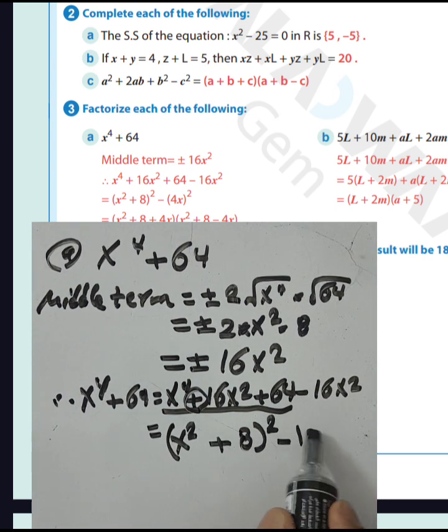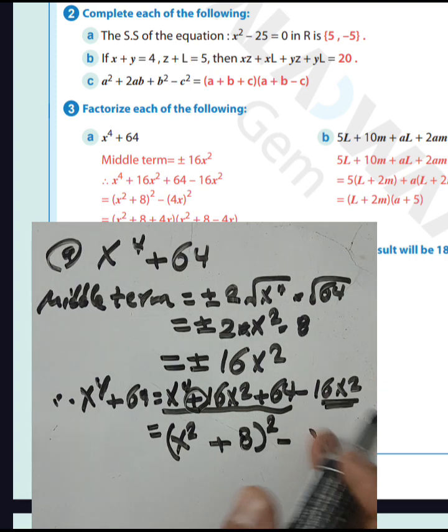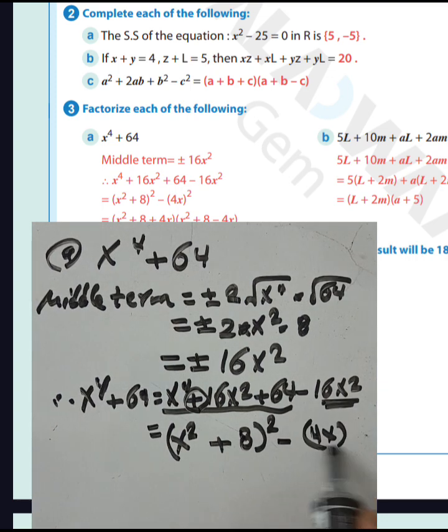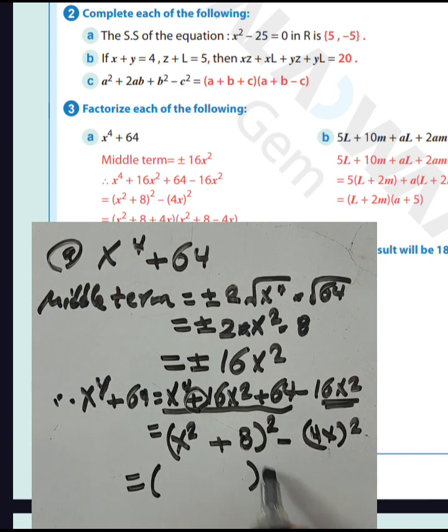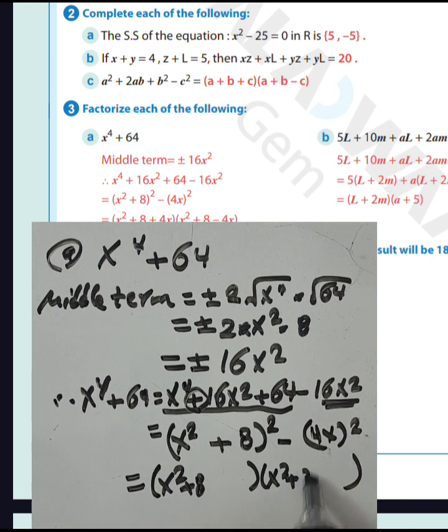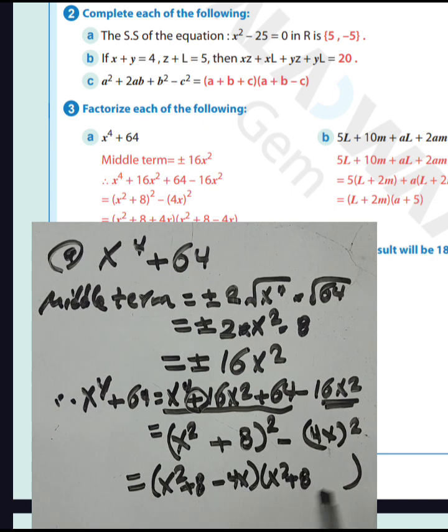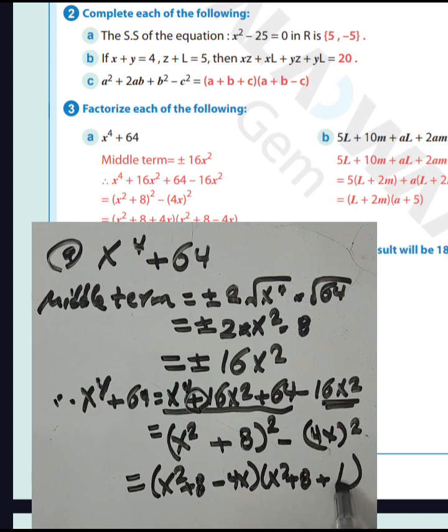And we have negative 16 x power 2, you can write (4x) all power 2. And then we can factorize this expression by repeating: x power 2 plus 8, and write negative 4x here and the positive 4x.